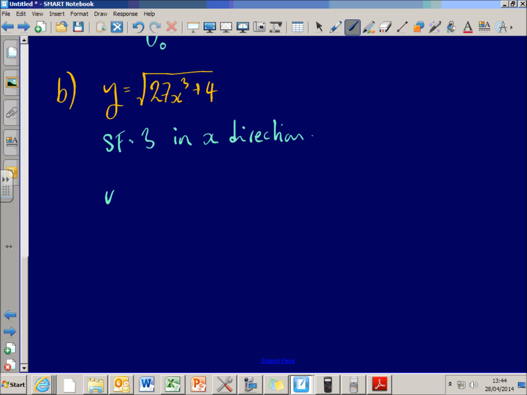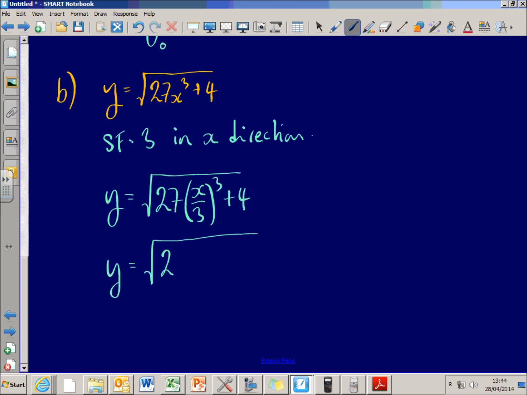So this would be y equals 27, keep that there for the time being, change the x for x over 3. So that's what you got. The x has changed to x over 3, which means that this whole thing becomes 27 times x cubed over 27 plus 4, which goes to just x cubed plus 4.